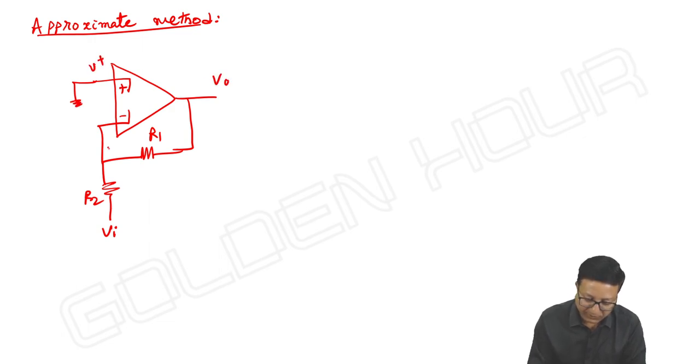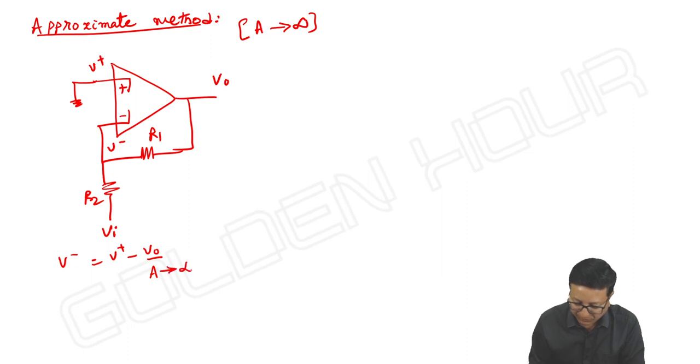Now it is V plus and it is V minus. We know that V minus is equal to V plus minus V output by A. So approximate method means the open loop gain is approaching infinity. As open loop gain approaches infinity, V minus approaches V plus. What is V plus in this example, friends?